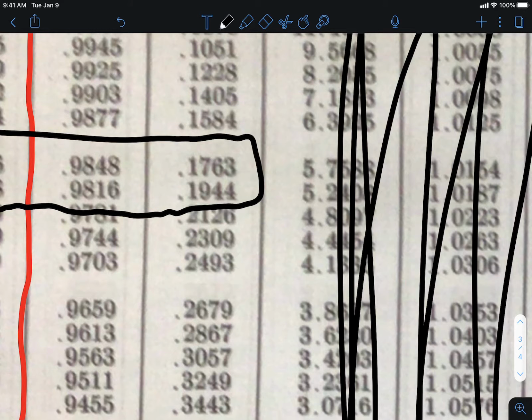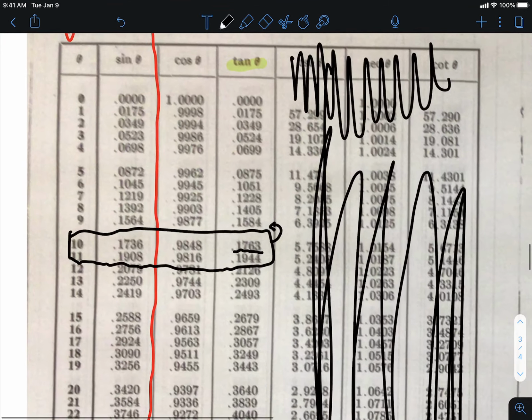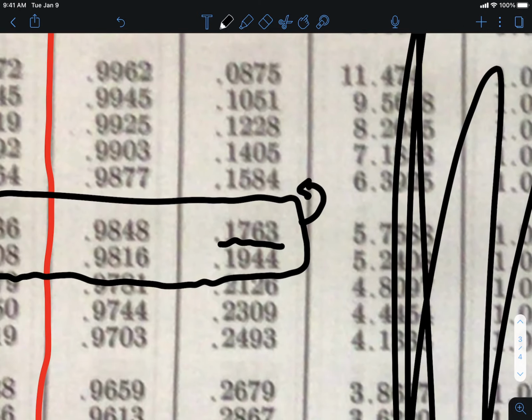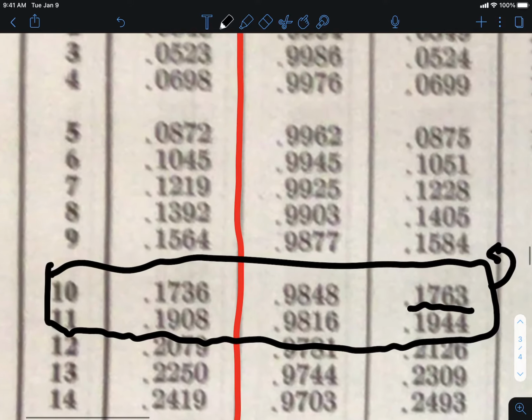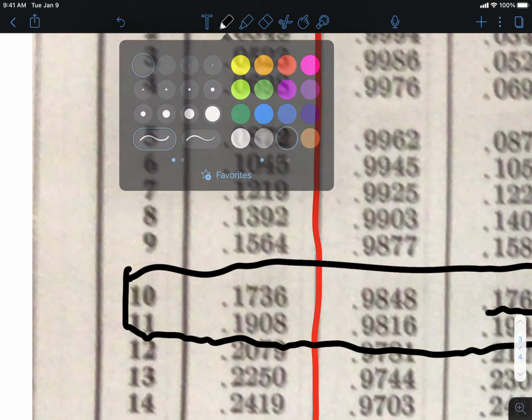Okay, so it's a little bit on this side of this decimal number, right? We're under tangent, right? Using tangent, so underneath the tangent column. And our number is on the lower side of that decimal number. So that must mean that my angle is like 9.9 or 9.8 or something.